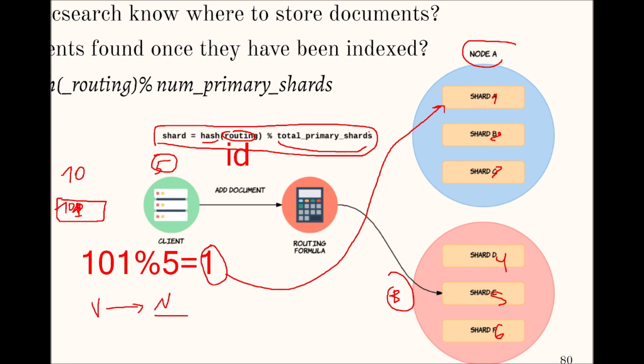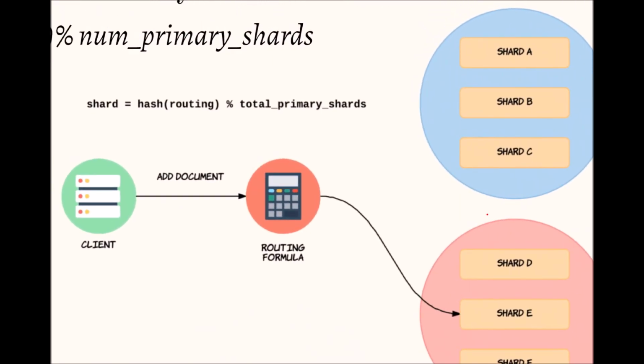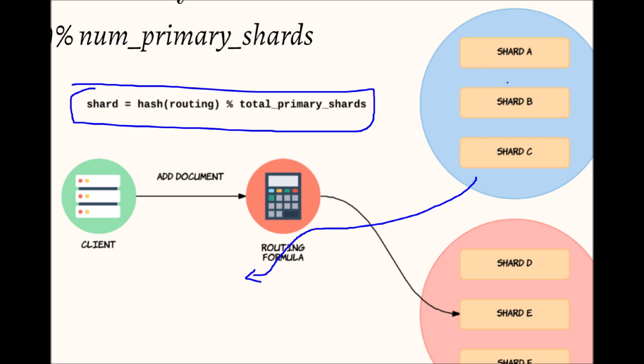Why does it have to be a very clear formula? Because we need to store that document and we need to read it back. When we try to read it back, we need to make sure that Elasticsearch uses the same formula to get that document. If I want to read it and update it, Elasticsearch has to know where the document has been stored. Don't forget, this is a fully distributed system.